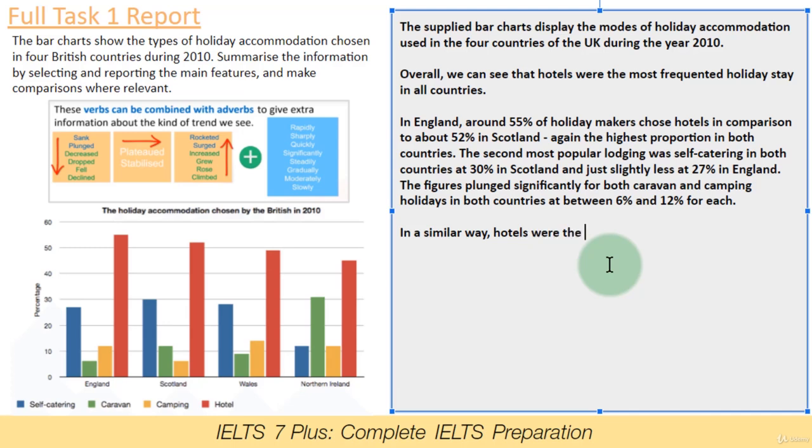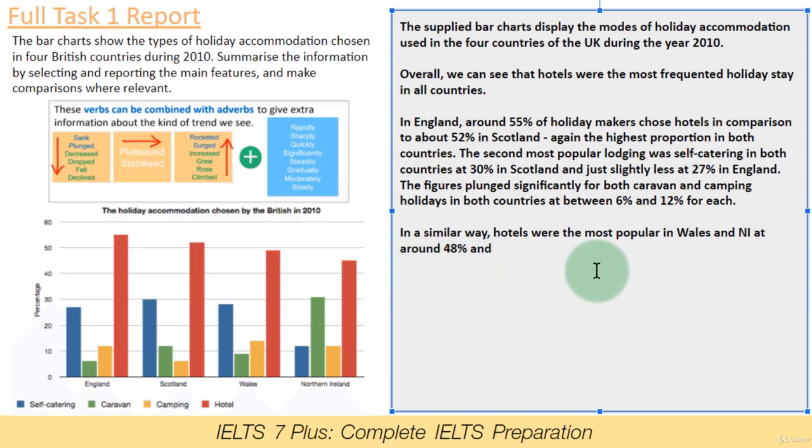Hotels were the most popular in Wales, and I'm going to use an abbreviation here for Northern Ireland and type NI because it's a bit of a long word. Wales and NI at, let's say, around 48%, and that's Wales 48%, 49%, that's okay.